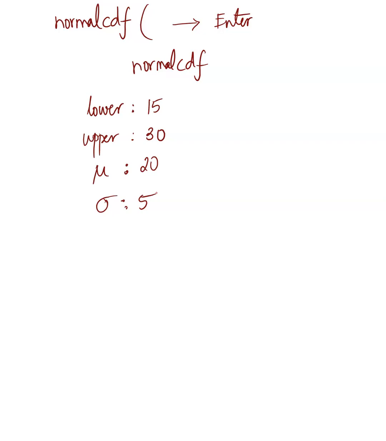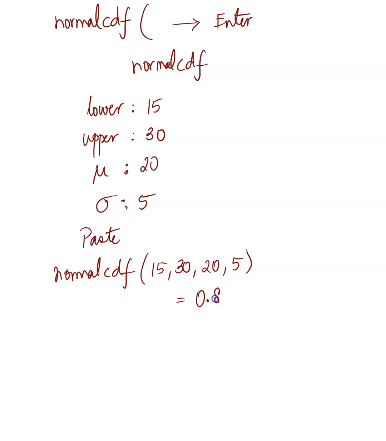And then hit paste, and then it opens up for you as normal CDF 15, 30, 20, 5. And this is what I meant by other calculators asking you to punch in these numbers in the parentheses. So anyways, then hit enter and you get the answer as 0.8185946784.